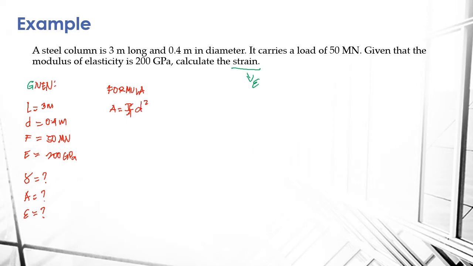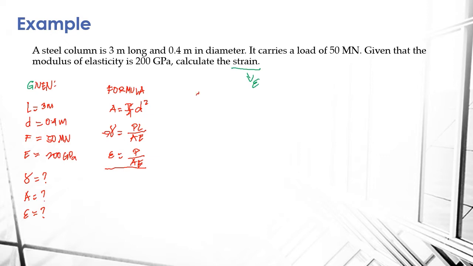Ang elongation is equal to PL over AE. Ang formula sa atong strain epsilon is P over AE. Pwede ra nga madiretso na nato kani, di na ta maagi ani.